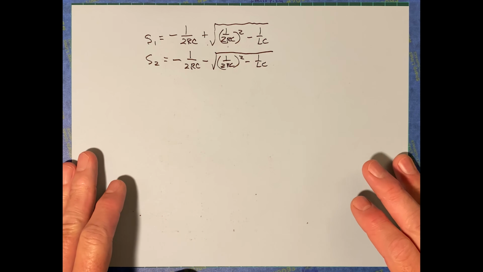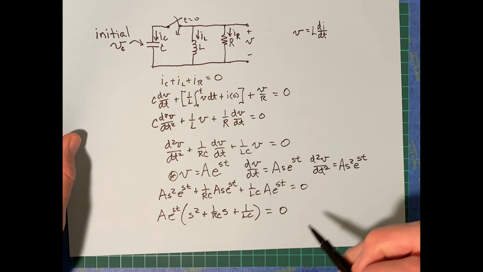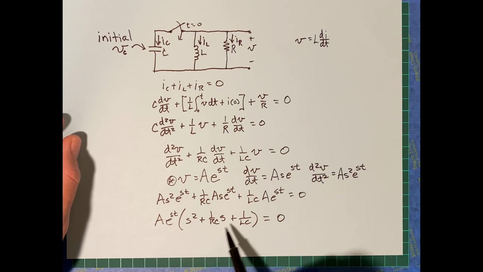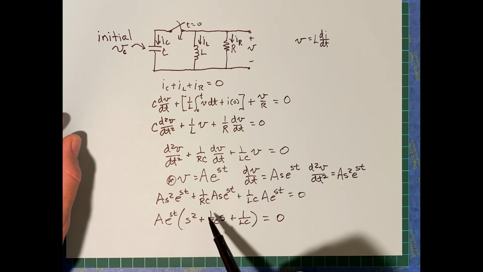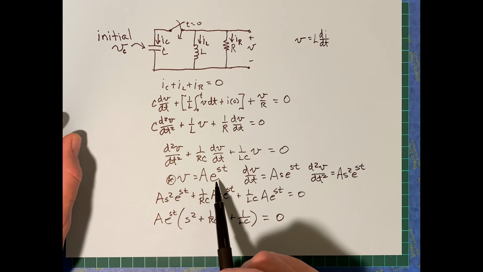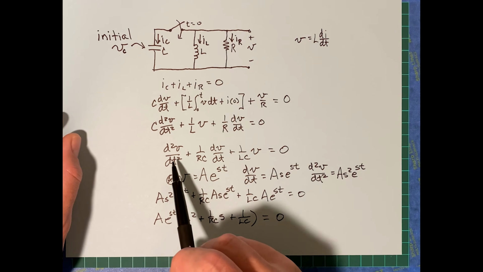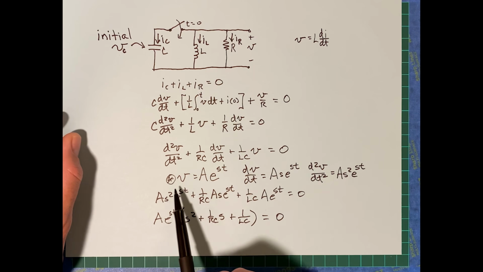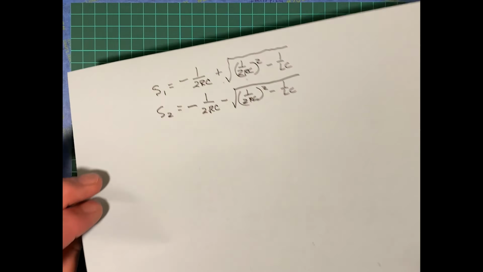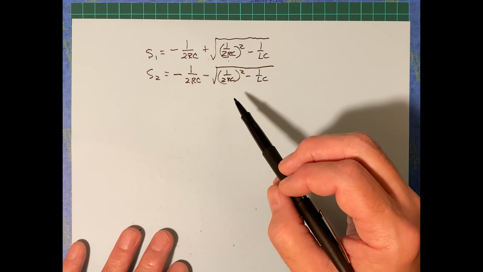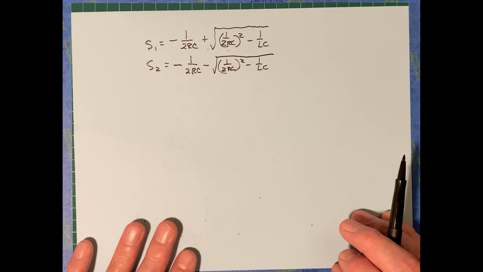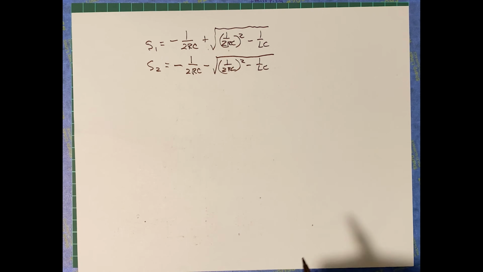So our equation back here has those two solutions I just showed you, and this is a solution to the second order differential equation as long as these are the solutions for S1 and S2. Either of those will satisfy that one equation, but we could write them this way.